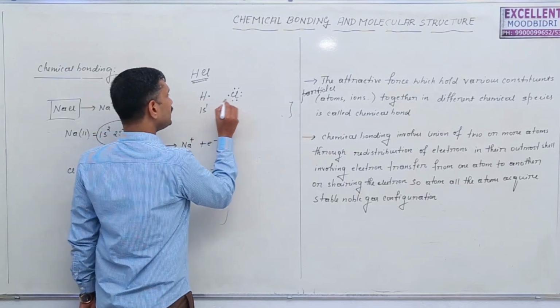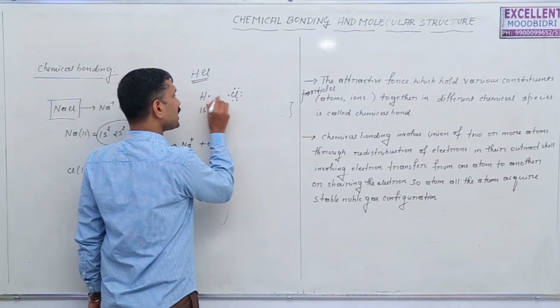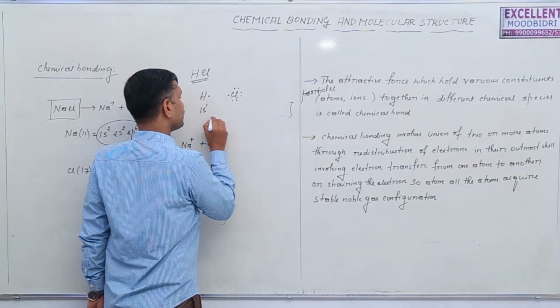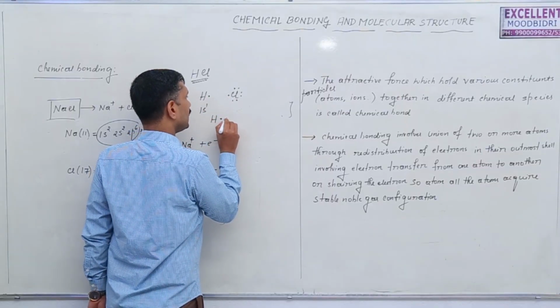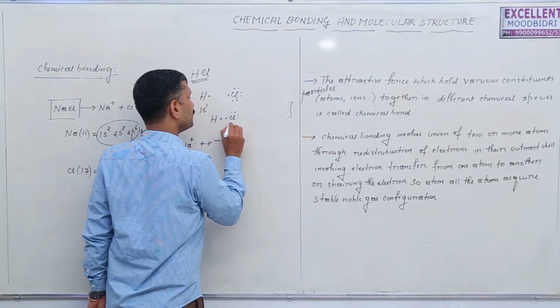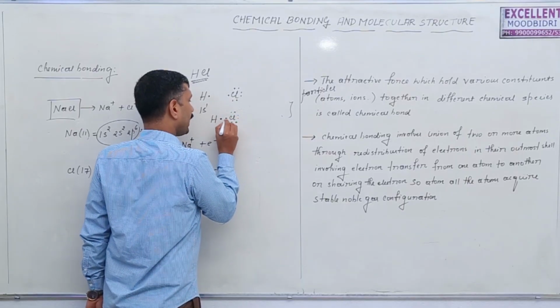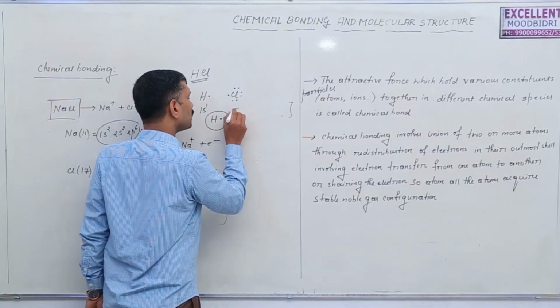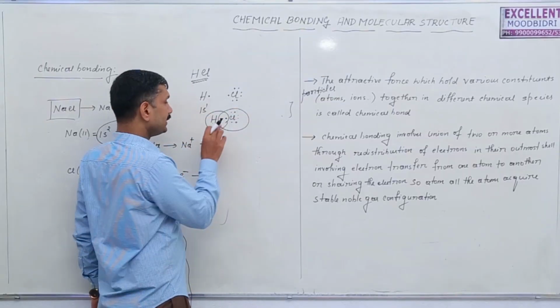Now this electron and this electron are shared between the two atoms, meaning sharing takes place between hydrogen and chlorine. These two electrons belong either to hydrogen or to chlorine.